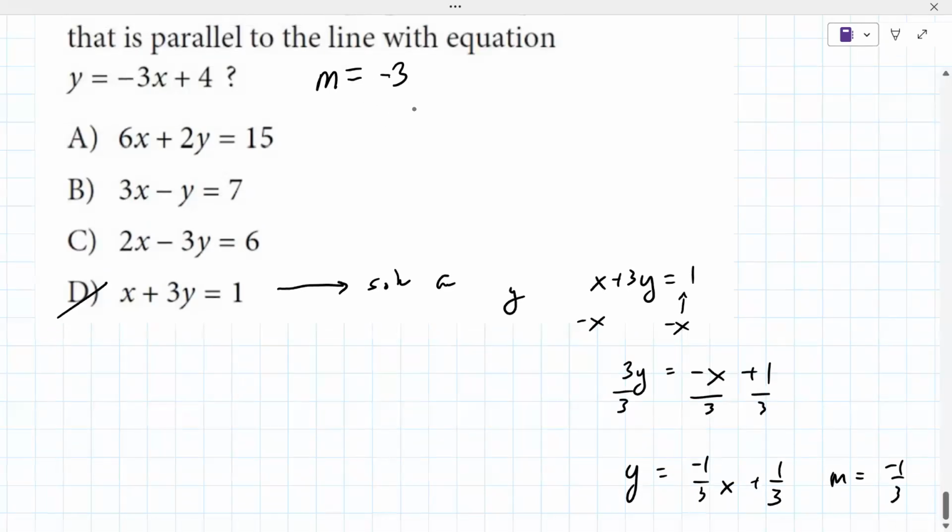So D is out. I'd like you to pick another equation here, it doesn't matter which one, and solve it for y. And then we'll see if it's the right one.